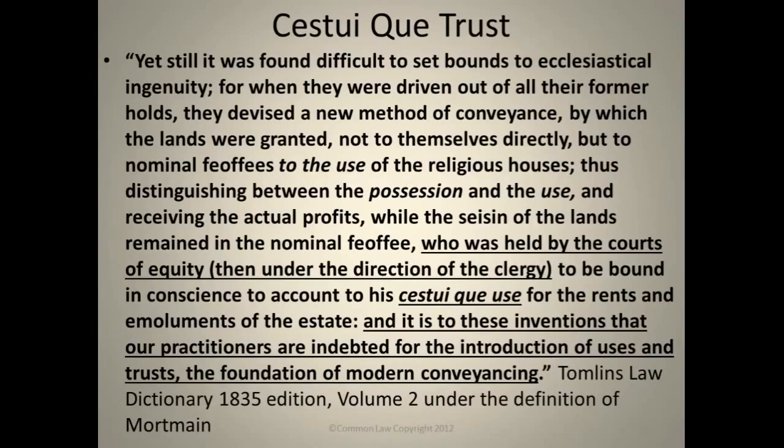Yet still, it was difficult to set bounds to ecclesiastical ingenuity. This is actually a cite from Tomlin's Law Dictionary, 1835 edition, volume 2, under the definition of mortmain. And this is very revealing.